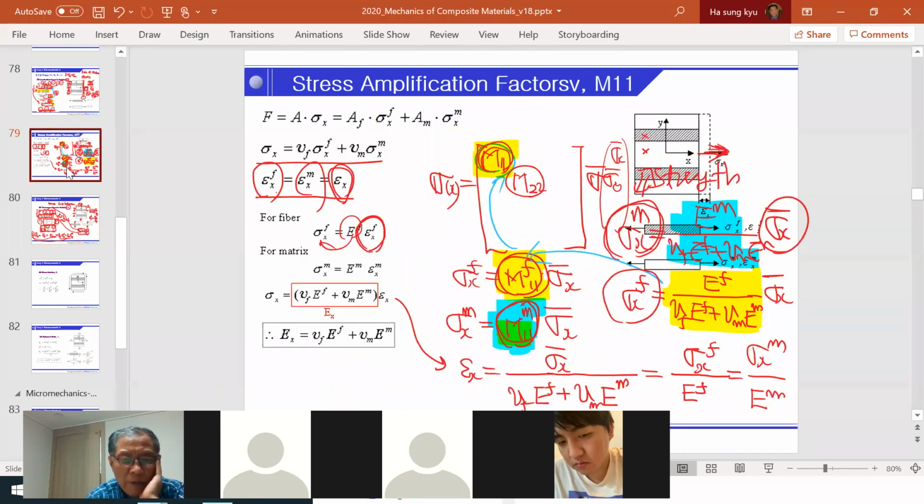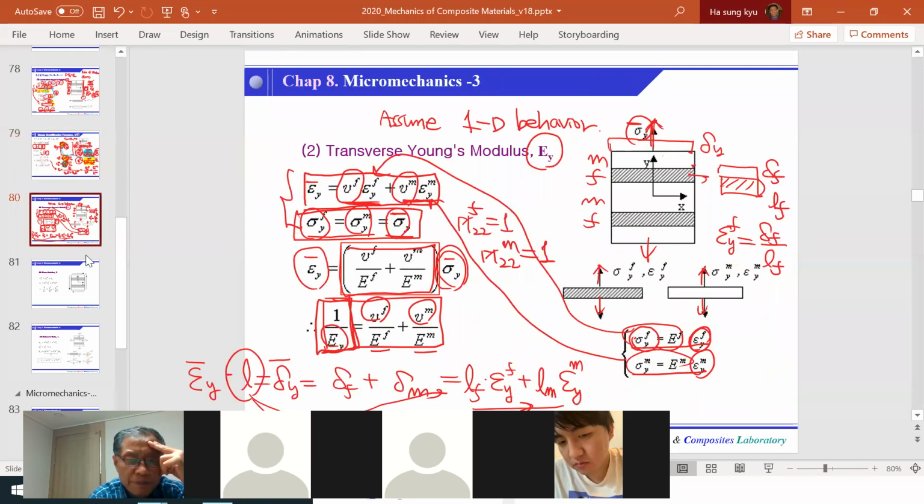You may ask, how about M21 and M12? Since we are considering one-dimensional behavior, we don't consider the Poisson's effect, so you can assume M12 and M21 equal 0. So only diagonal terms will exist in these derivations.